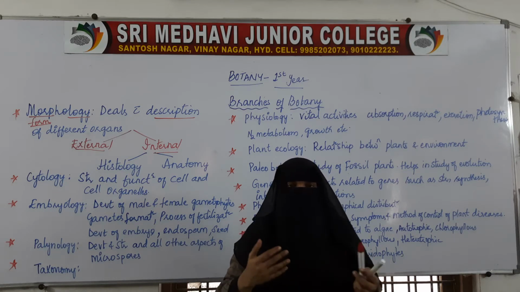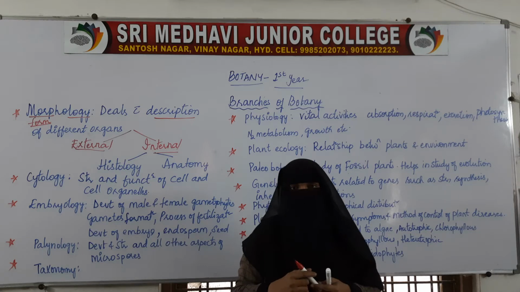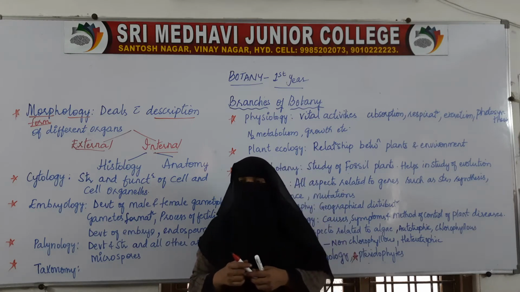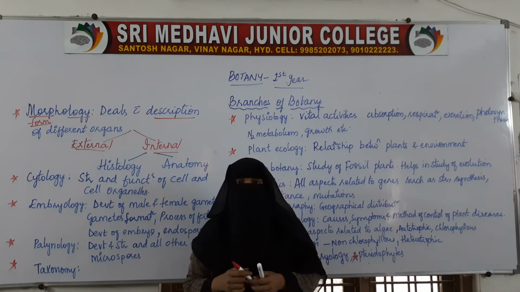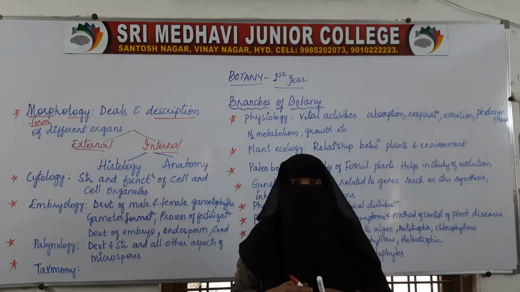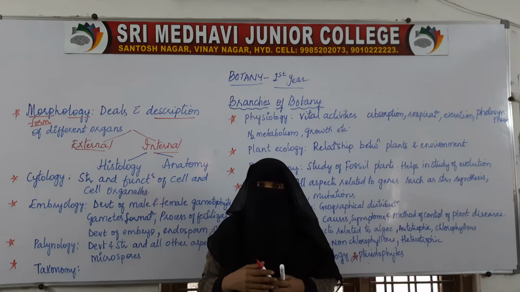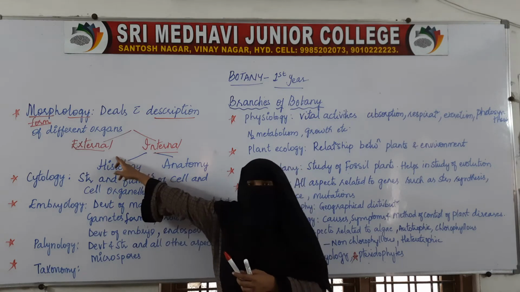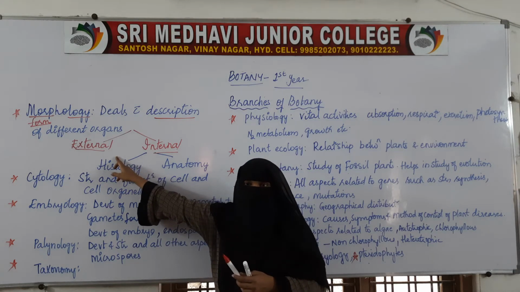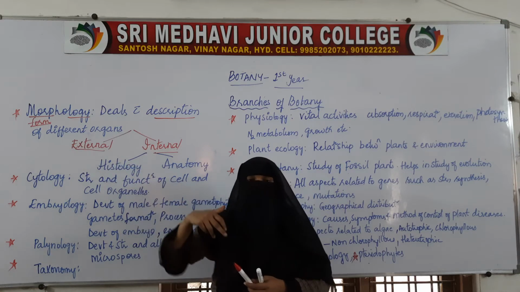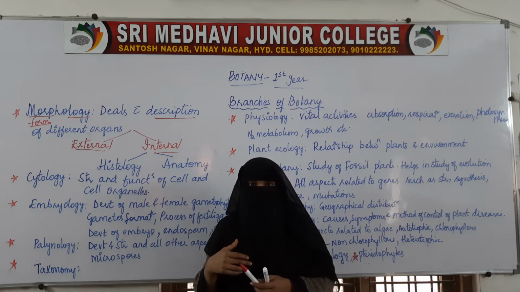How does it look from outside? What are the different organs present? How are those organs? So, all the detailed description from outside. That is external morphology, the study of the outward form of living organisms.